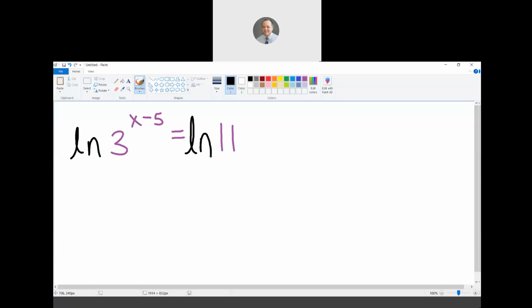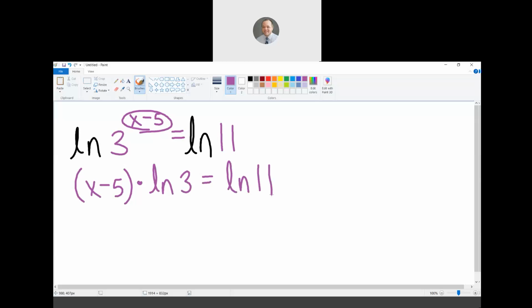Now, using the exponent law for natural log, move the x minus 5 to the front times natural log of 3 equal to natural log of 11.